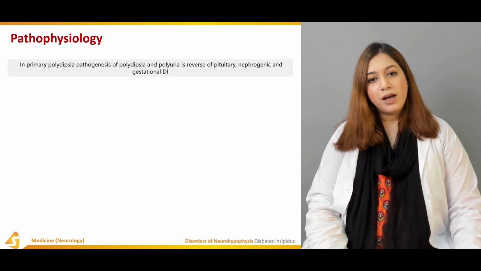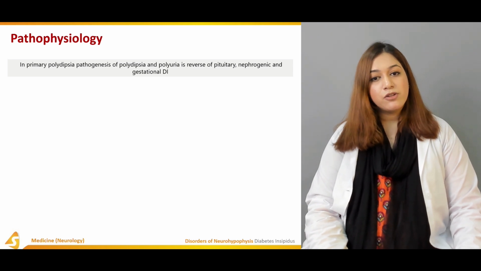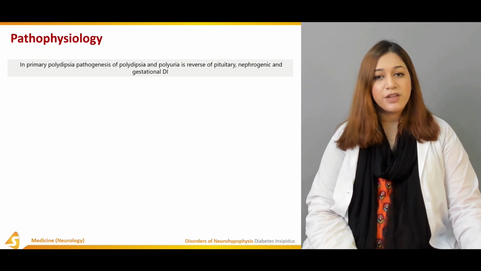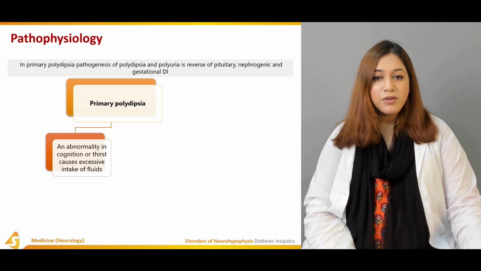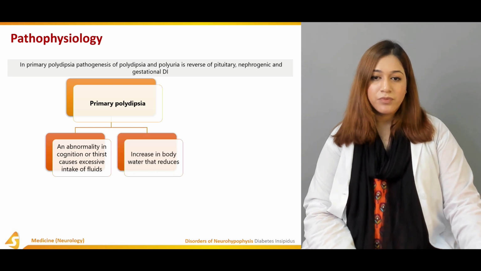Now, what happens in primary polydipsia? The pathogenesis of polydipsia and polyuria is the reverse of pituitary, nephrogenic, and gestational diabetes insipidus. In primary polydipsia, there is an abnormality in cognition or thirst that causes excessive intake of fluids.